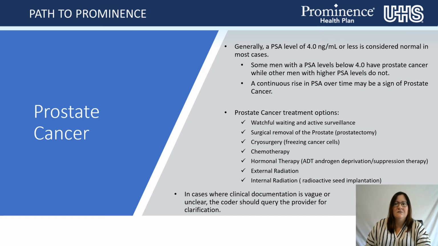Regarding prostate cancer treatment options, you have watchful waiting and active surveillance, surgical removal of the prostate, cryosurgery, chemotherapy, hormonal therapy, external radiation, and internal radiation, radioactive seed implantation. In cases where the documentation is vague or unclear, the coder should query the provider for clarification.